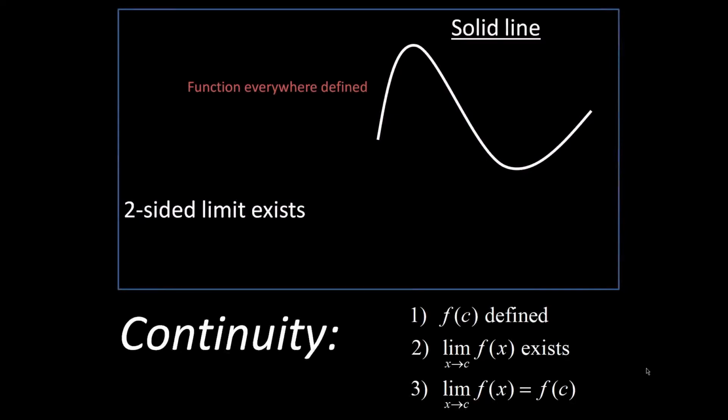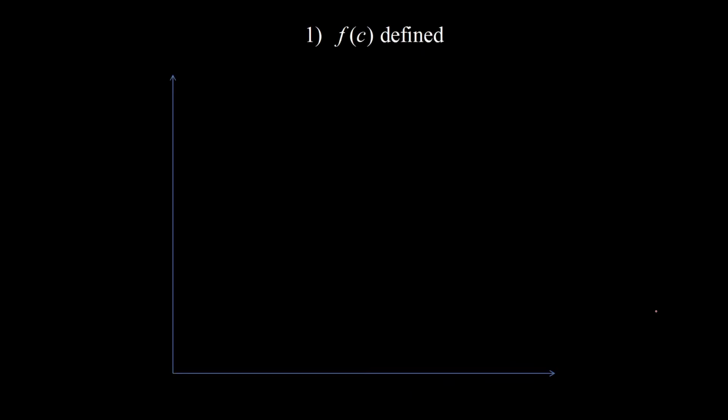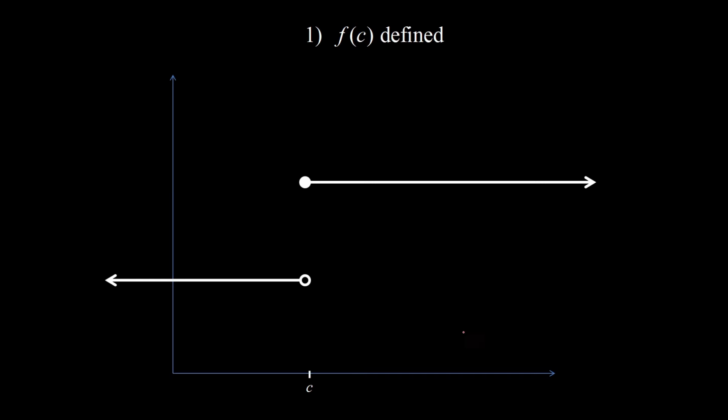So you may be thinking to yourself, are all three of these things really necessary to define a nice solid line? Well, let's check out this first one. This function is everywhere defined. No matter what value of c you choose, the function has an output. If you choose this value here, here's the function output.